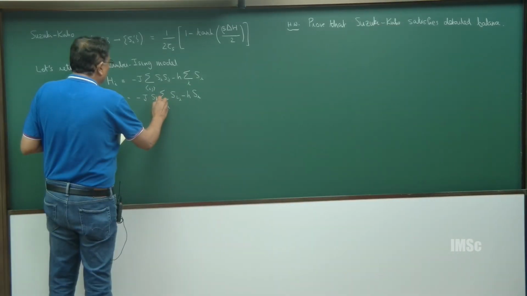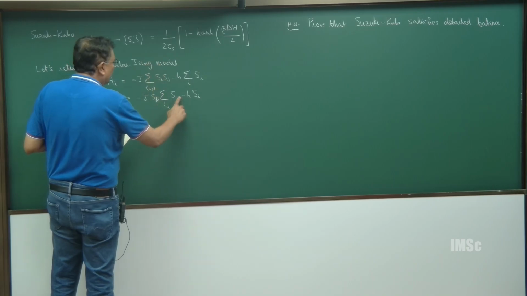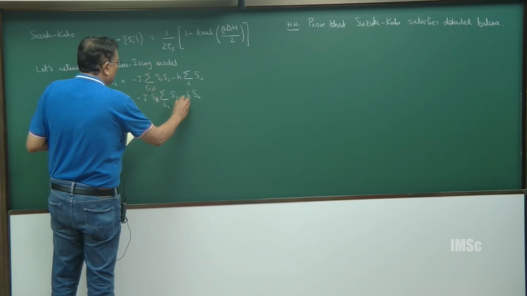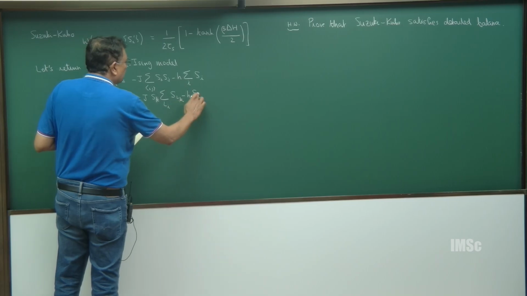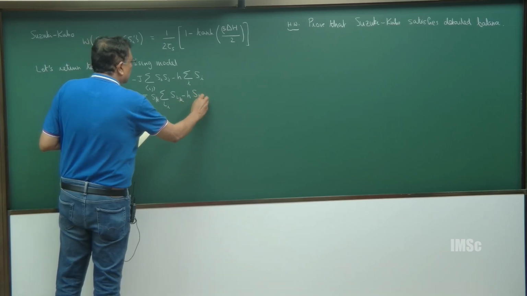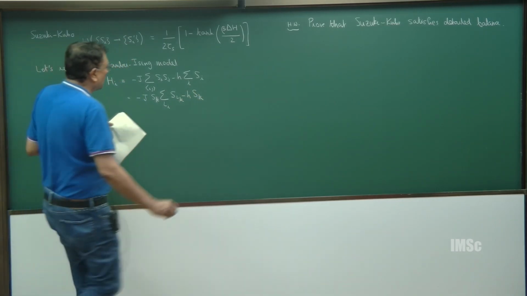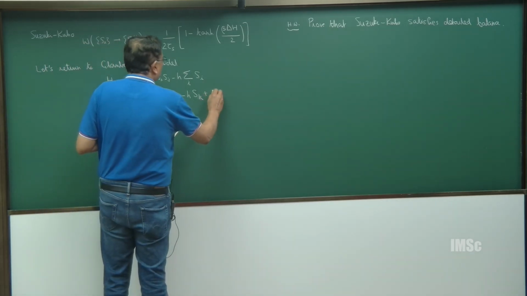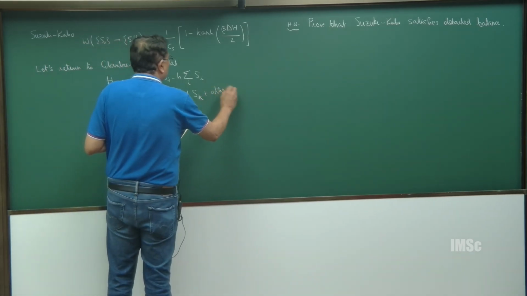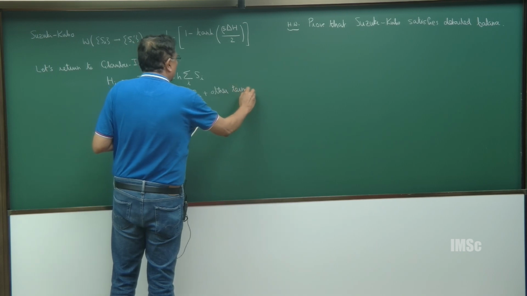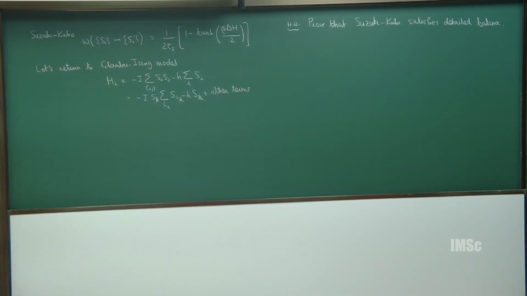So let's say you're flipping the spin Sk. So this is the sum over the neighbors Lk of k, minus H Sk, and then there'll be a whole host of other terms which have nothing to do with Sk, right? They're independent of Sk. So that's the initial energy.